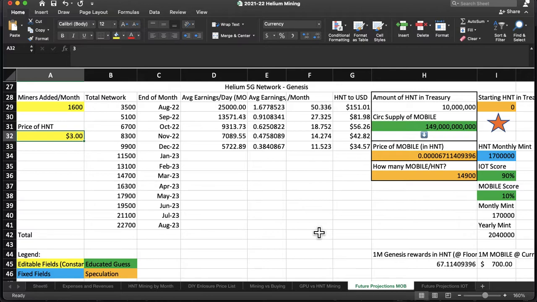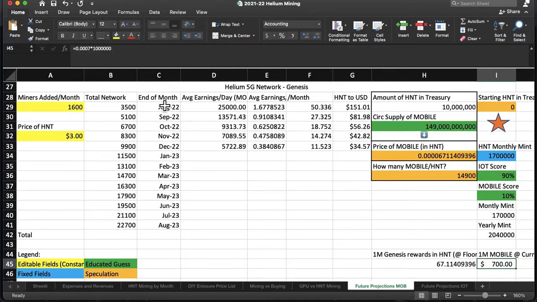But yeah, again, appreciate you guys watching. It's going to be a long, long time before the mobile to HNT conversion rate is going to be anything significant. I'll keep you guys posted with what mobile's trading at, obviously, and if that's going to be a better bang for your buck in terms of mining and then liquidating, getting your money out and letting the rest ride, or mining for long-term holding.